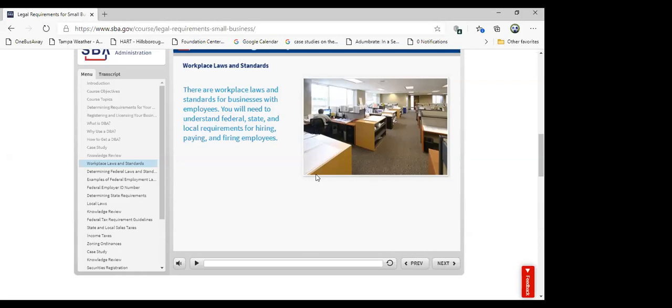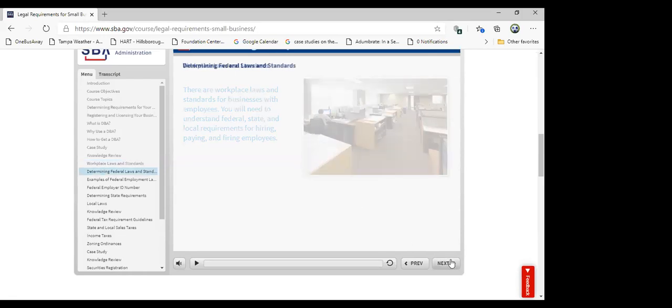That organization does the same thing as the SBA in terms of talking about different topics. So when you finish this course, you will have a certificate from the Center for Nonprofit Community Development, SBA, and SCORE showing that you took the course in business. Okay, let's move on to the next one.